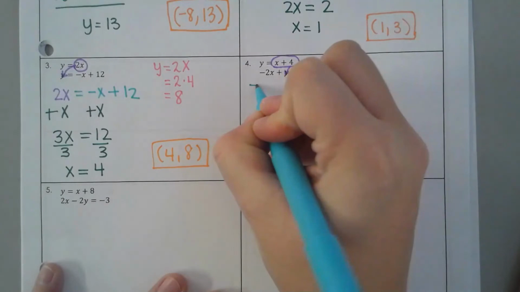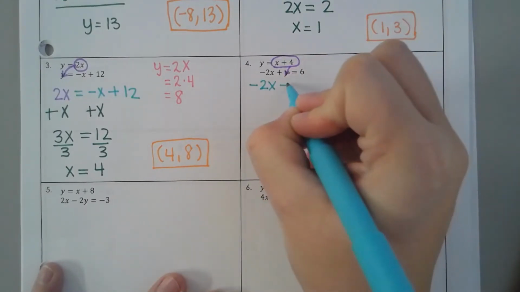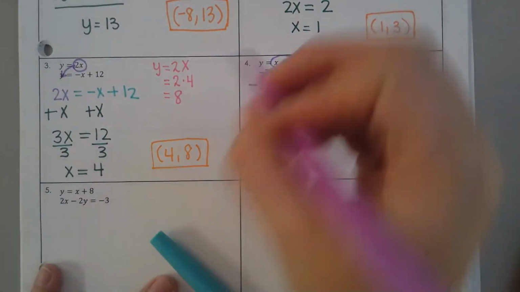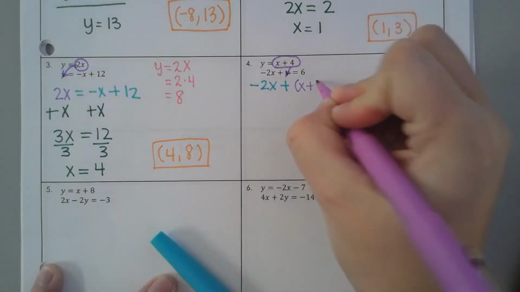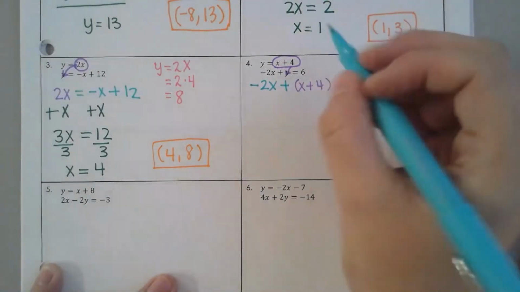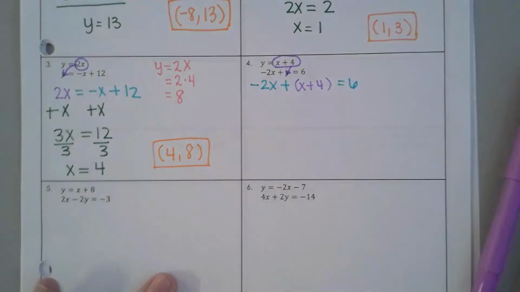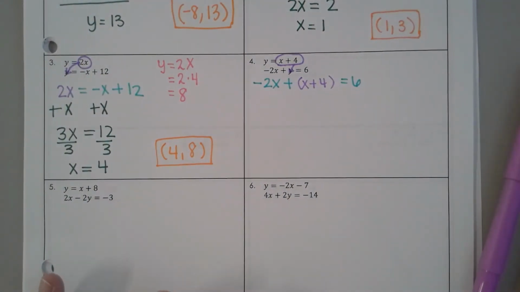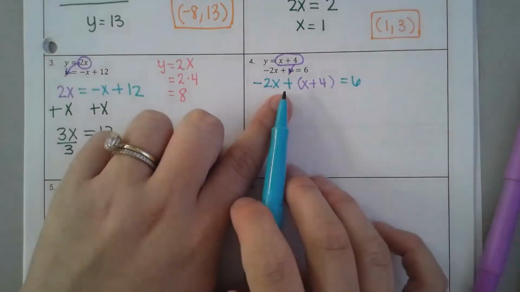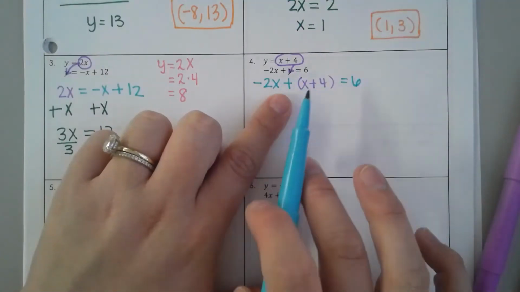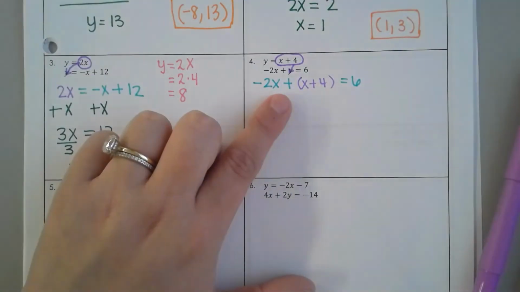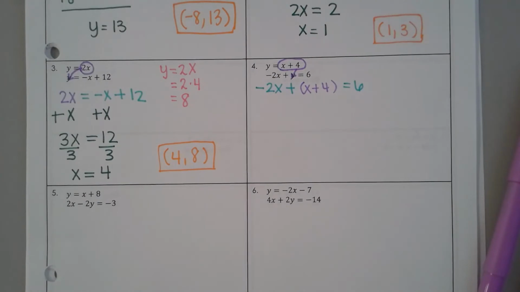So this is negative 2x plus x plus 4 equals 6. If this was a minus sign, we would have to distribute that negative 1. But it's a plus, so it doesn't matter.